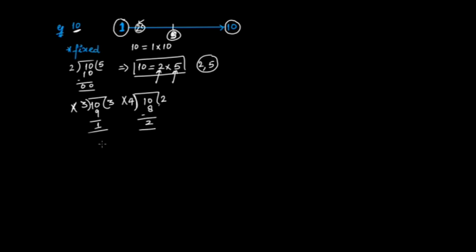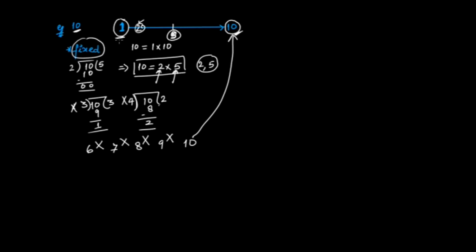There is no need to check for 5 because you have found that 5 is the exact divisor here. And if you would divide by 6, you would not get 6 as exact divisor. For 7, you would not get 7 as the exact divisor of 10. Neither for 8, neither for 9, and for 10, you know that 10 would always be the factor of 10, because we saw that the two fixed factors are always 1 and that particular number itself.